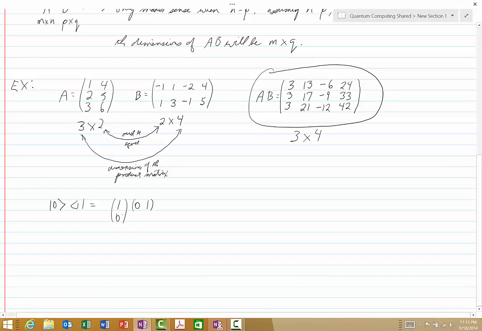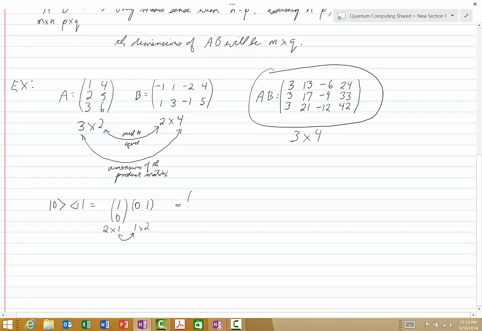The first matrix we have here has 2 rows and 1 column, and the second matrix is 1 row times 2 columns. So since these match, this is a well-defined multiplication, and furthermore, our result should be a 2 by 2 matrix.